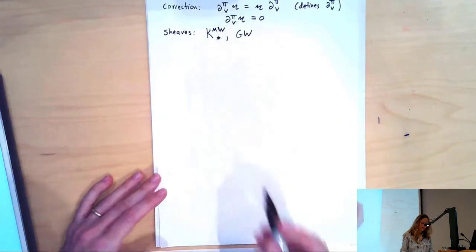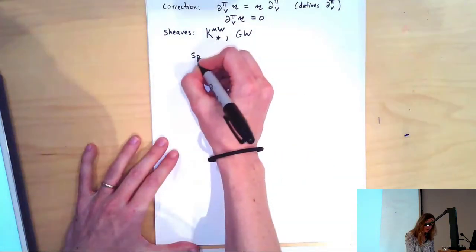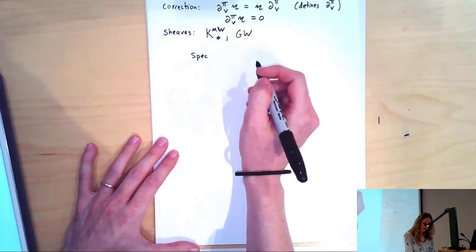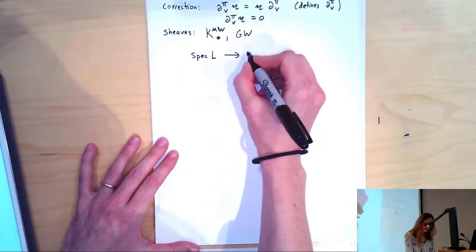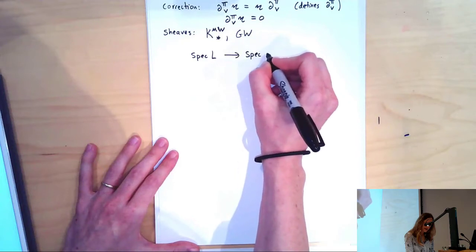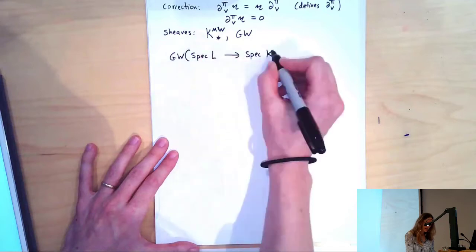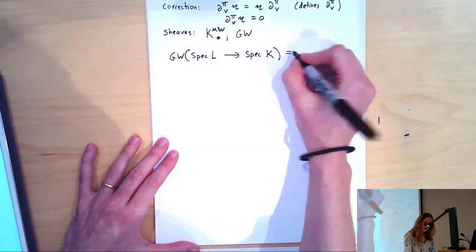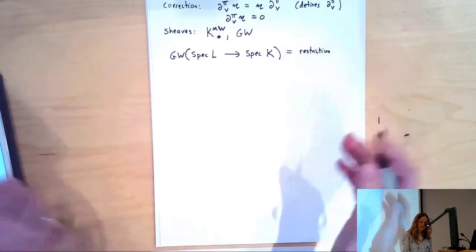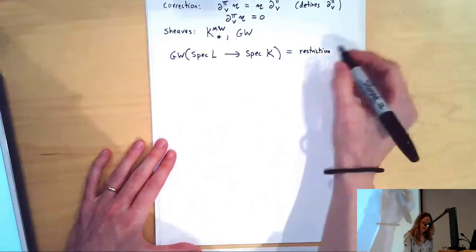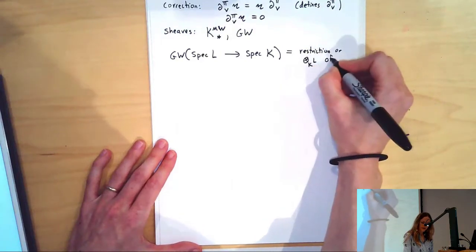And the sheaf property means that for any map, in particular, if we had an inclusion of fields K into L, we get a map spec L to spec K. And we could apply GW to it, and this is restriction or base change, tensoring with L over K of bilinear forms.